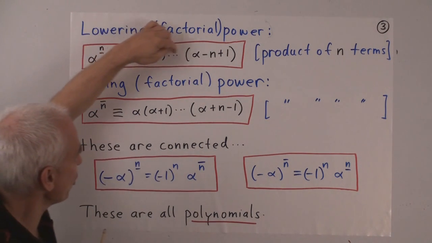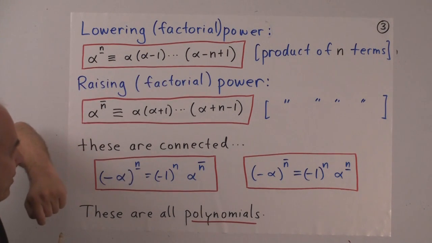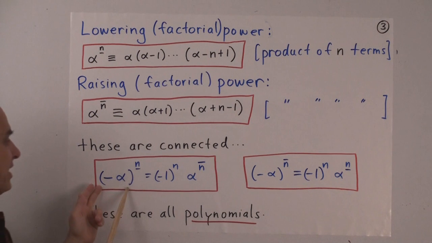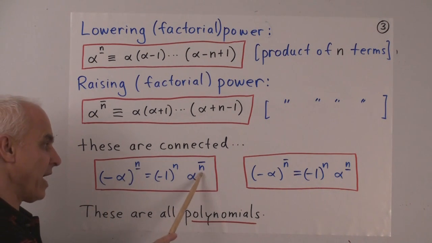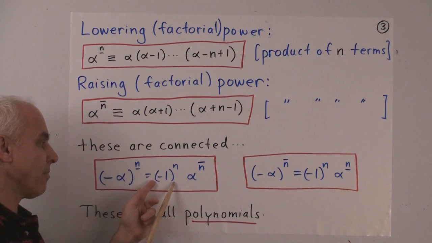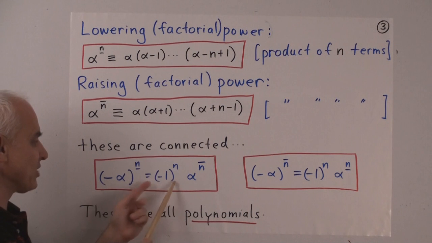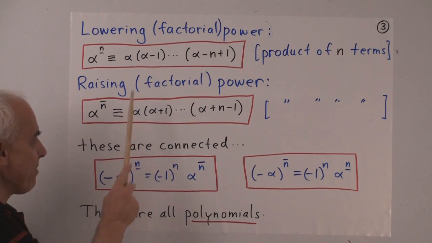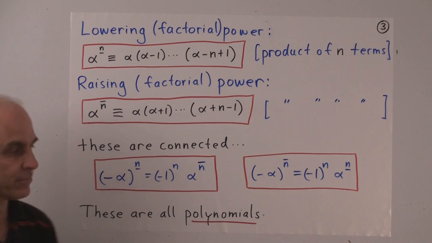So each one of these terms will be exactly the negative of these terms. That's telling us that minus alpha to the n lowering is alpha to the n raising multiplied by either plus or minus 1. In fact, minus 1 to the n, because there's one minus 1 term for each of these n terms.